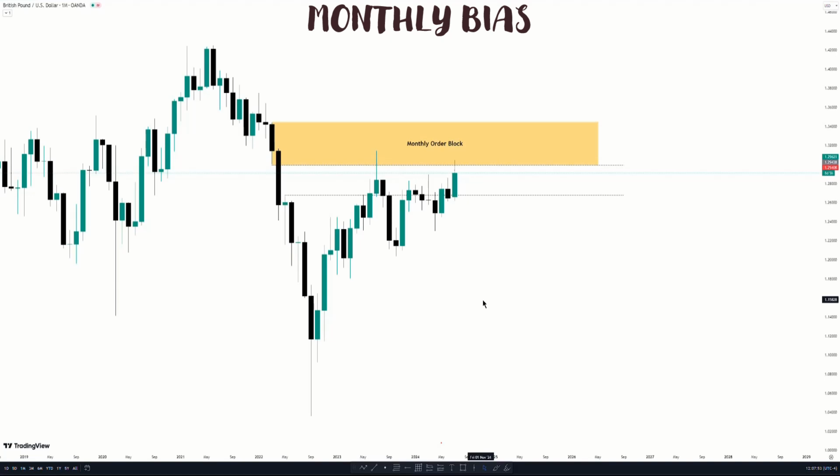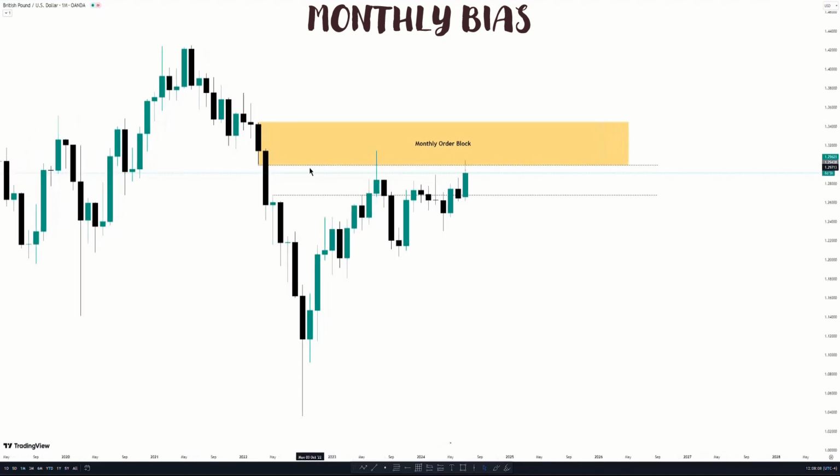Okay, now it's not only the order blocks that you need to be looking for when it comes to the monthly chart. You also need a fair value gap. So in this case, I don't know if you can see these lines. Yeah, they are very visible. These two lines here. This is a fair value gap. For some of you who don't know, a fair value gap is just a void between three candles.